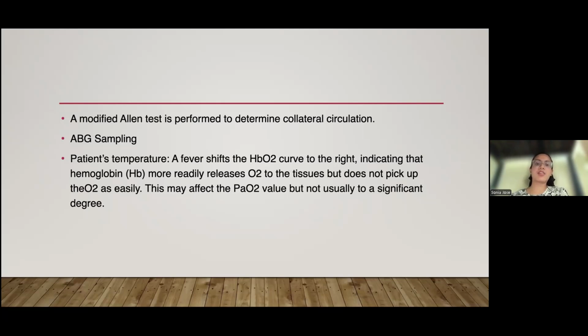The hand should become pink in 10 to 15 seconds. If it becomes pink in 10 to 15 seconds, that means Allen's test is positive. If it is not becoming pink, then it is a negative modified Allen's test.